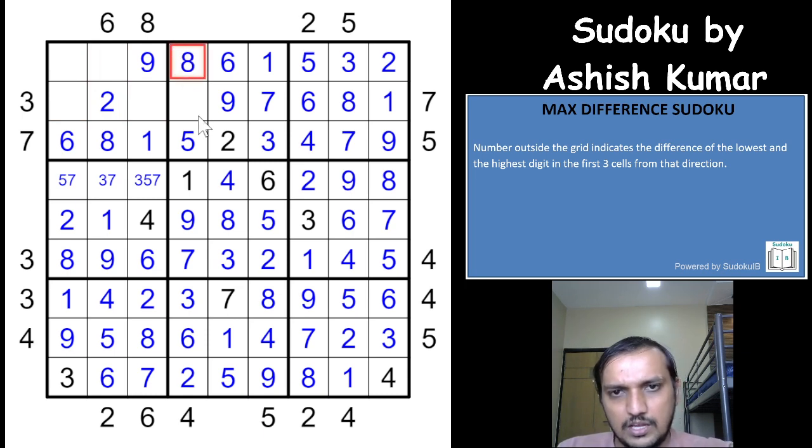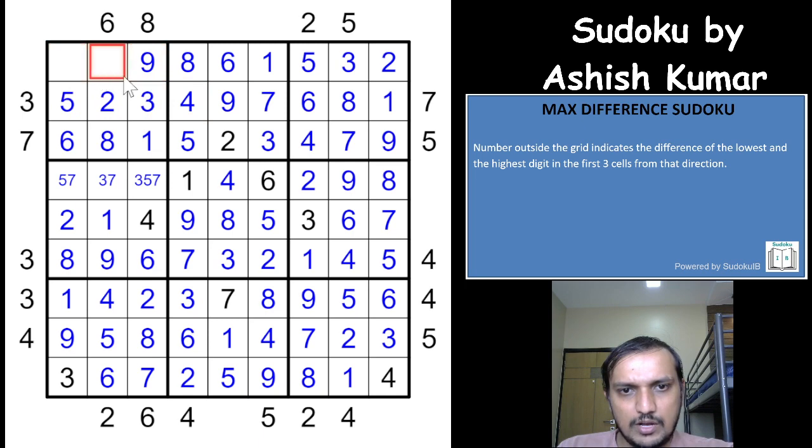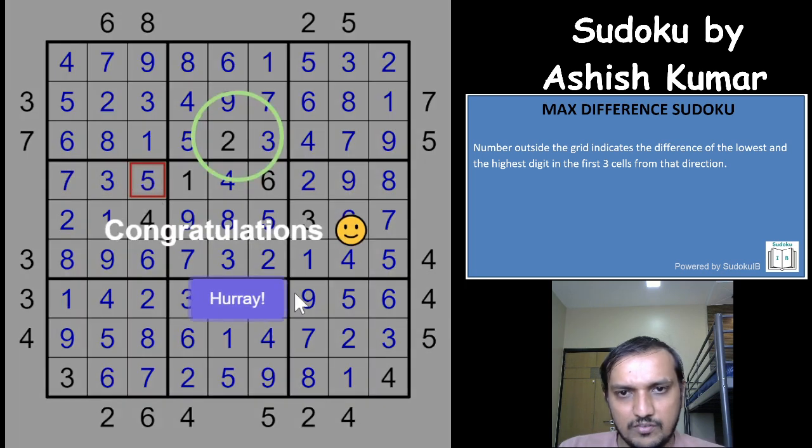Oh, so this is an 8, this is 4, 5 and 3 would have to be here, so this is 5, that is 3, 4 and 7 would have to be here, so this is 7, that is 4, that gives you 3, 5 and 7, right? So 7 and a 5.